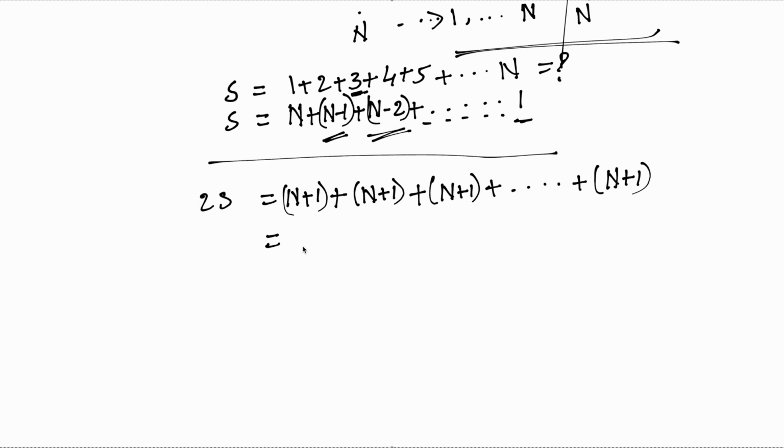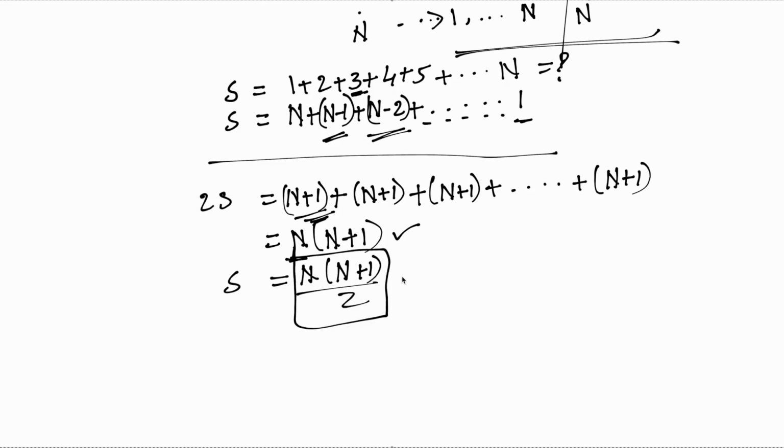Here, how many times are we summing this n plus 1? This is n times. So it is n into n plus 1. But we want only s, which is a single sum, so n into n plus 1 by 2. So this many iterations our program is running, right?